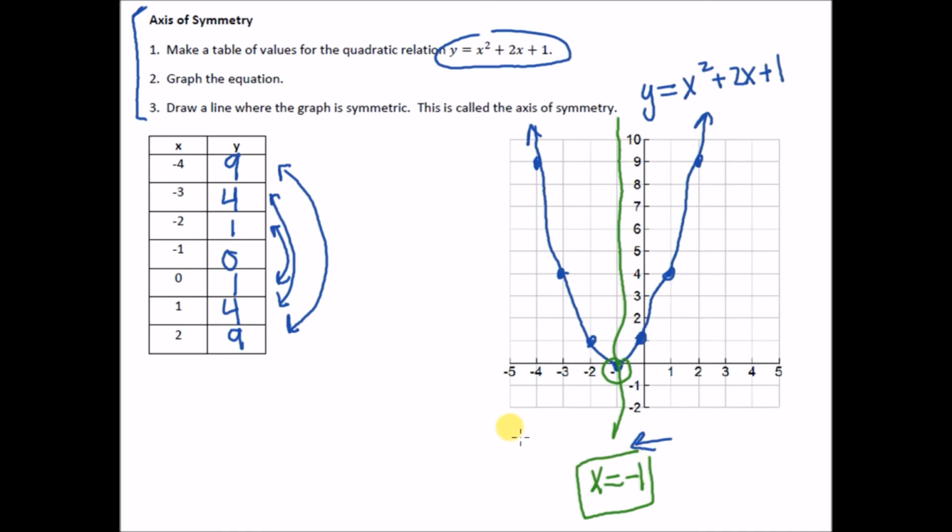Just a recap from grade 9, vertical lines are not in the form y equals mx plus b. They're in the form x equals x-intercept. The x-intercept here is -1, so x equals -1 is this vertical line for the axis of symmetry.